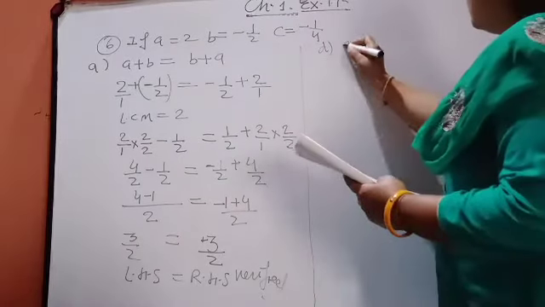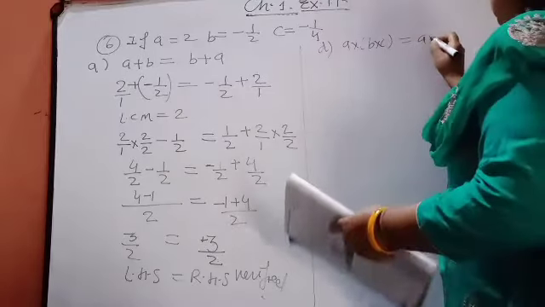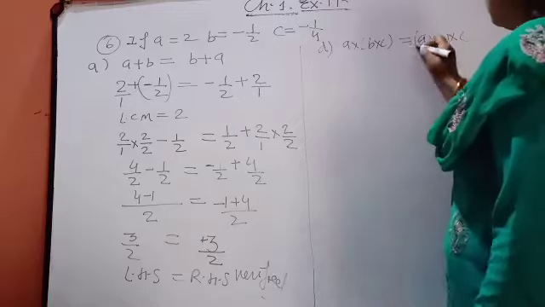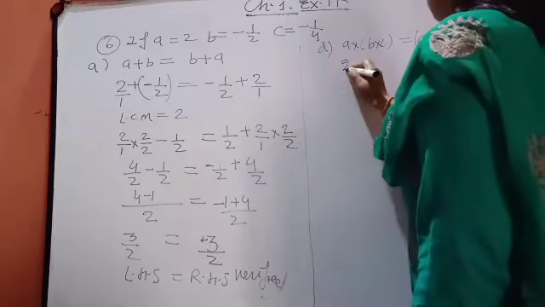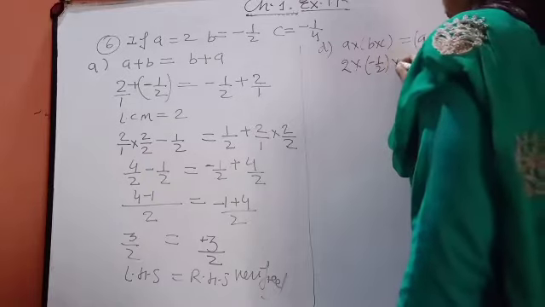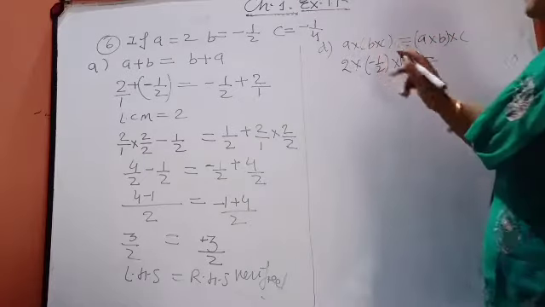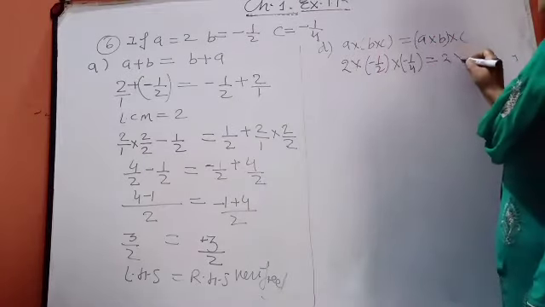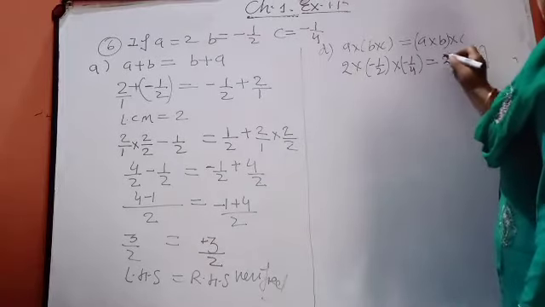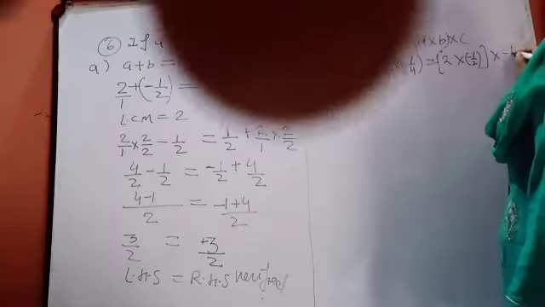See that a into b into c is equal to a into b into c. Whatever is given to you, you have to do according to that. A means 2, into b means minus 1 upon 2, into c, minus 1 upon 4, is equal to a means 2 into b means minus 1 upon 2, and these will come together, into c means minus 1 upon 4.